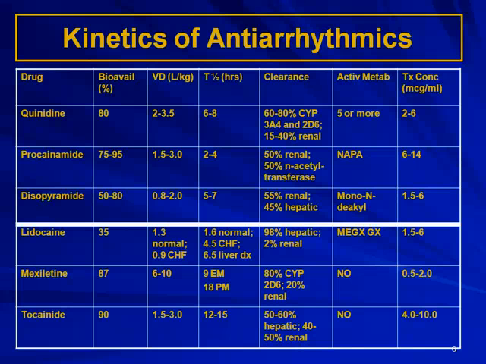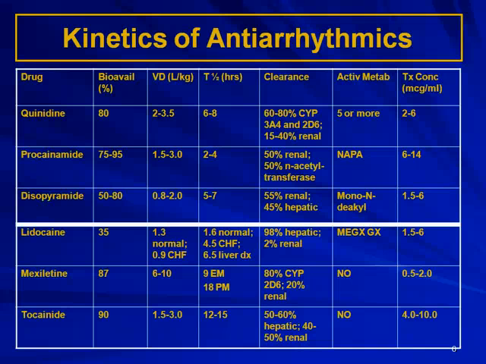Mexiletine, 80% cleared, 2D6 metabolism, so there is the theoretical potential for patients to be slow metabolizers. Also the theoretical potential for drug interactions at 2D6, but it does not appear that it has active metabolites.